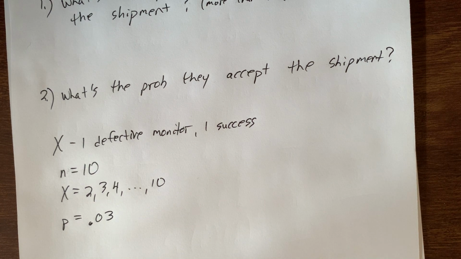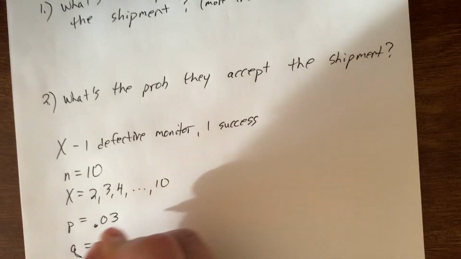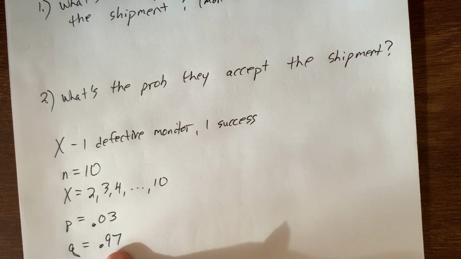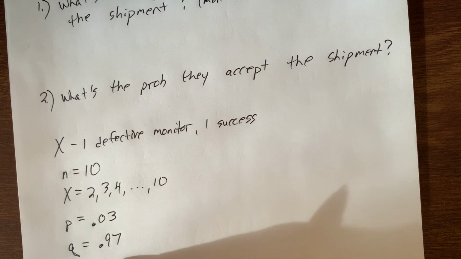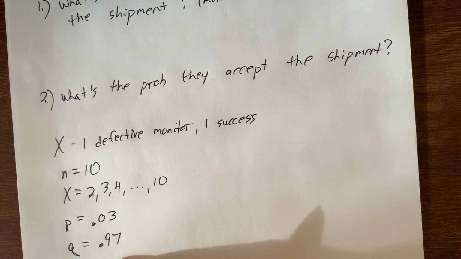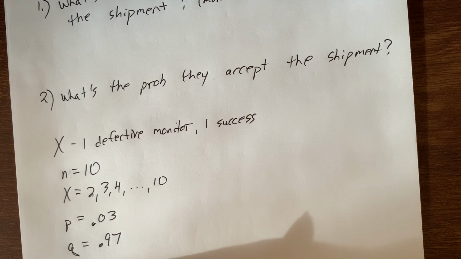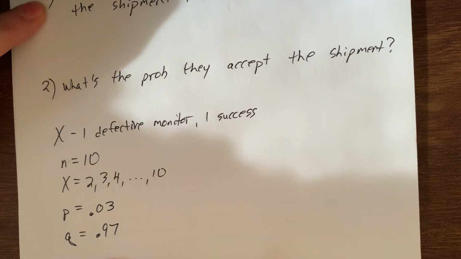So be careful with that. 0.03: 3 out of 100 is our 3%. If 3% are defective, that gives me success, which means 97% of them work the way they should. So the probability of failure, which would be finding a monitor that works fine, is 0.97 here. Now, all of that is the setup for problem number 1.